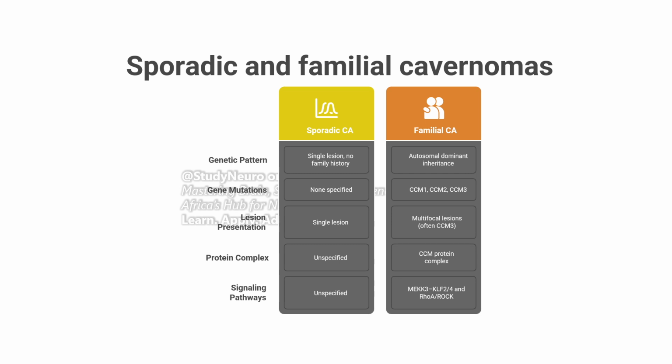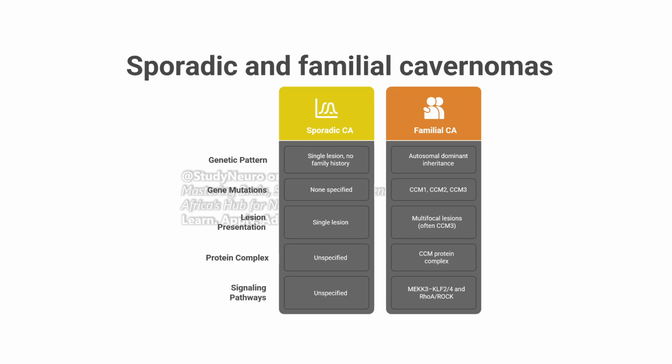Type 1 is associated with mutations in the KRIT1 gene, that is the Krev interaction trapped 1 gene, while type 2 is associated with the CCM2 gene. Type 3 is a mutation in programmed cell death 10.